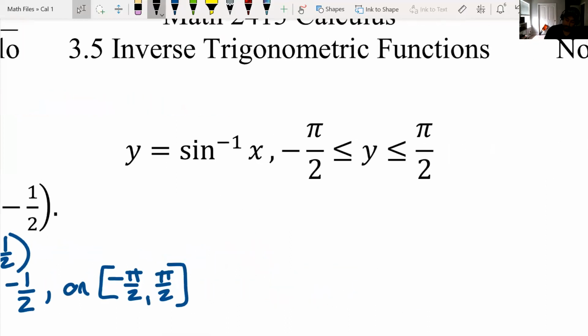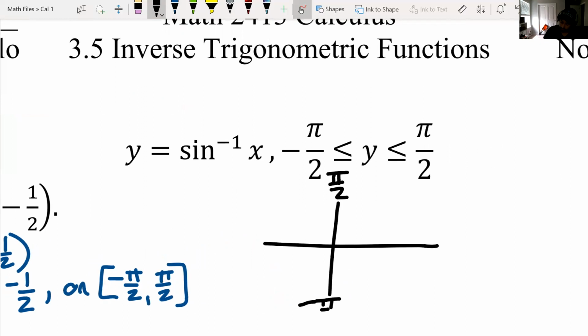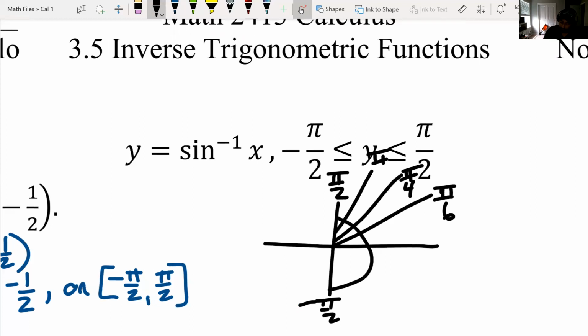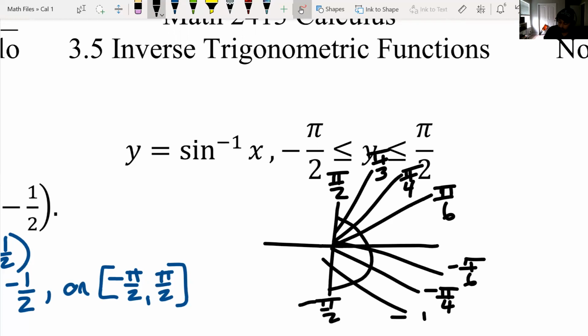Now, remember, the inverse sine function lives right here between negative pi over 2 and pi over 2. So pi over 6, pi over 4, pi over 3, and then same thing down here, negative pi over 6, negative pi over 4, negative pi over 3.